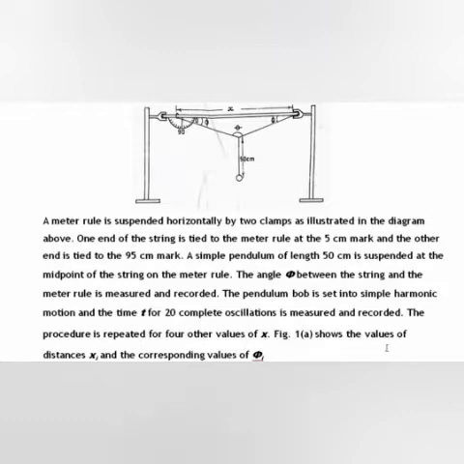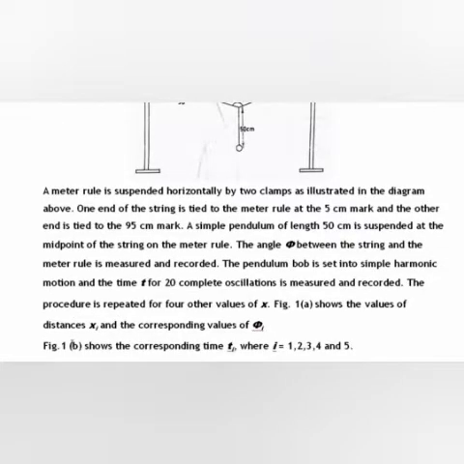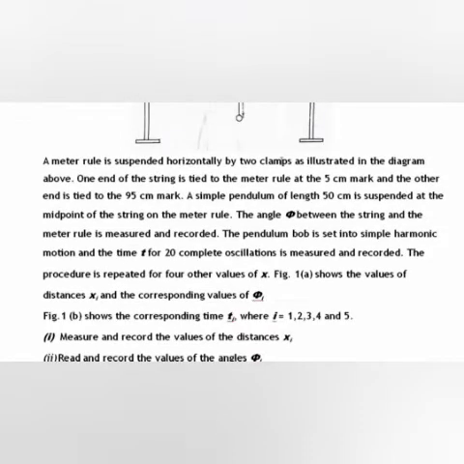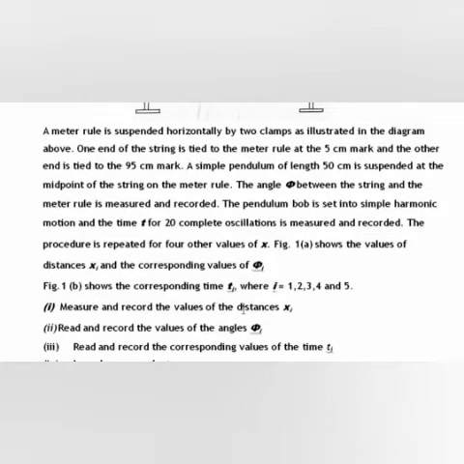Figure 1a shows the values of distances x and the corresponding values of angle phi I. Figure 1b shows the corresponding time ti, here i equals 1, 2, 3, 4, and 5.